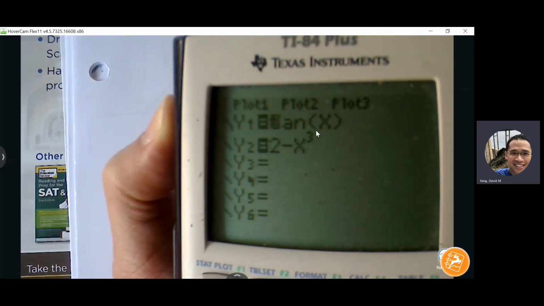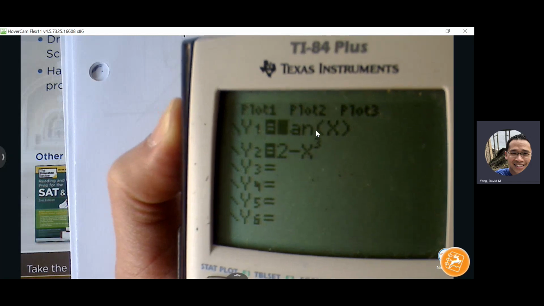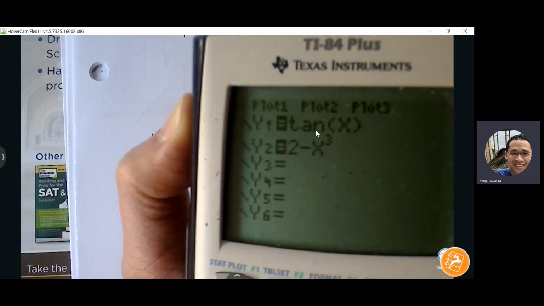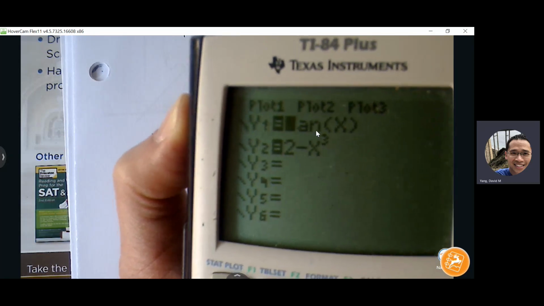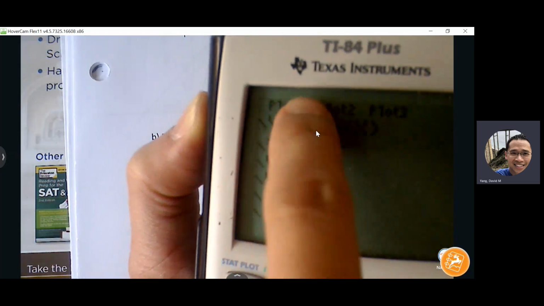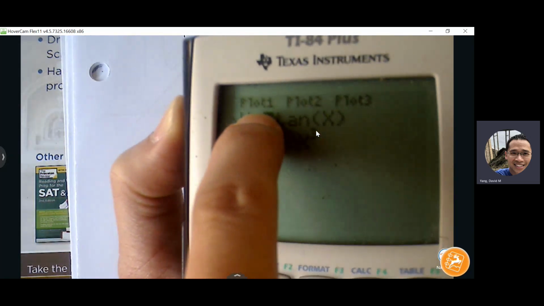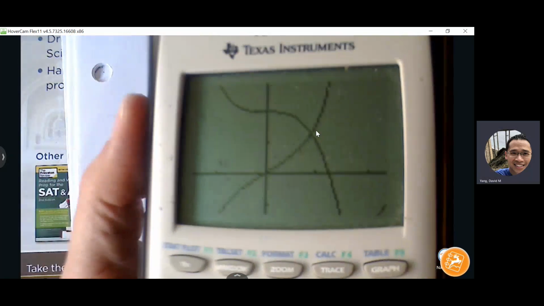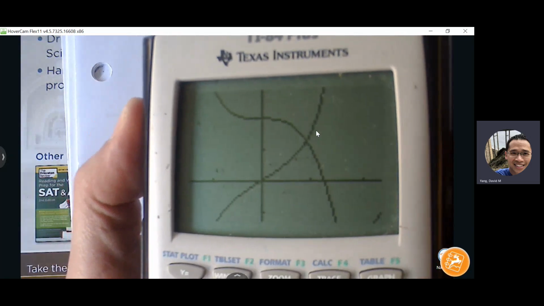Sometimes that plot 1 is highlighted for some reason. I don't know exactly why. Maybe because of other things that you've done in the calculator. So if you're having dimension errors, go up to plot 1 and unhighlight it. A lot of times that plot 1 is what's causing the graph to not be able to graph. Okay. All right, so everybody okay getting a graph that looks like what you see on the paper?